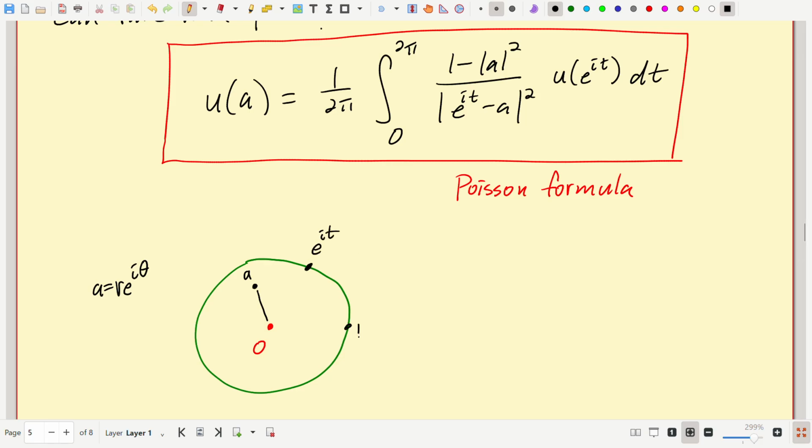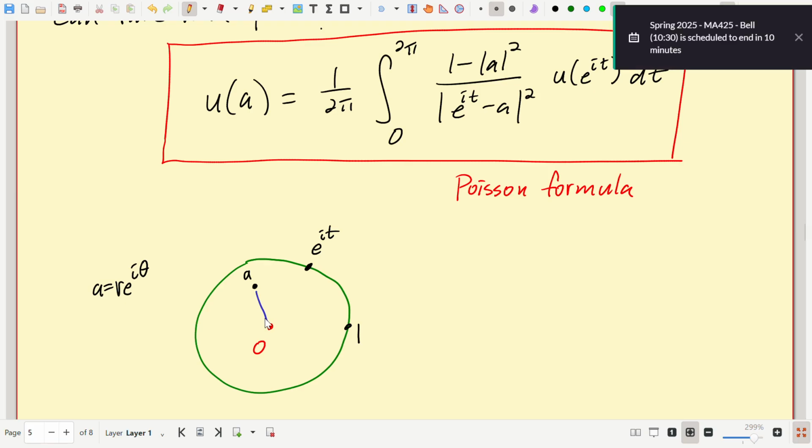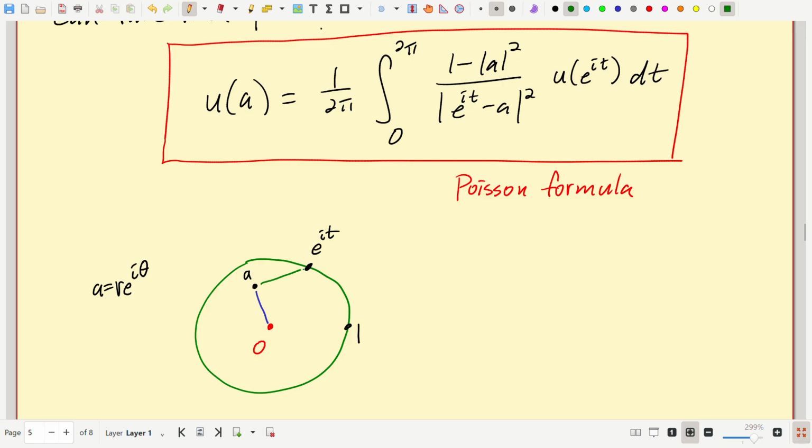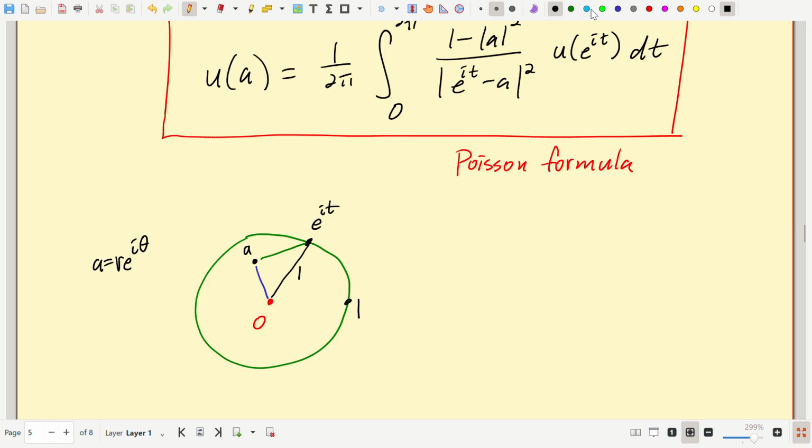And of course, this is the unit disk. Let me use some colors here. I'll make this distance blue and this distance green. And this distance from 0 to e to the it is 1, because it's radius 1. This blue distance would be r, because a is r e to the i theta.